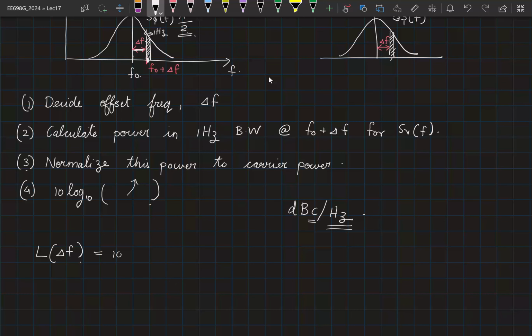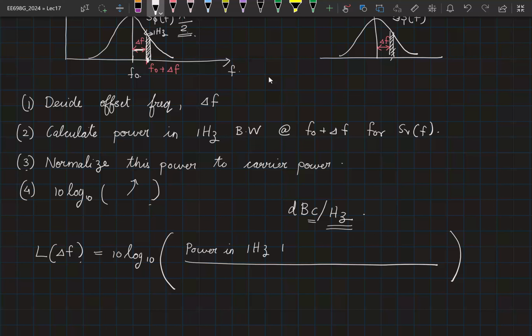So I can write the expression as 10 log 10 of a ratio. On the top side you have power in 1 Hertz bandwidth of SV of F at F equal to the carrier frequency plus the offset frequency. What is the denominator?